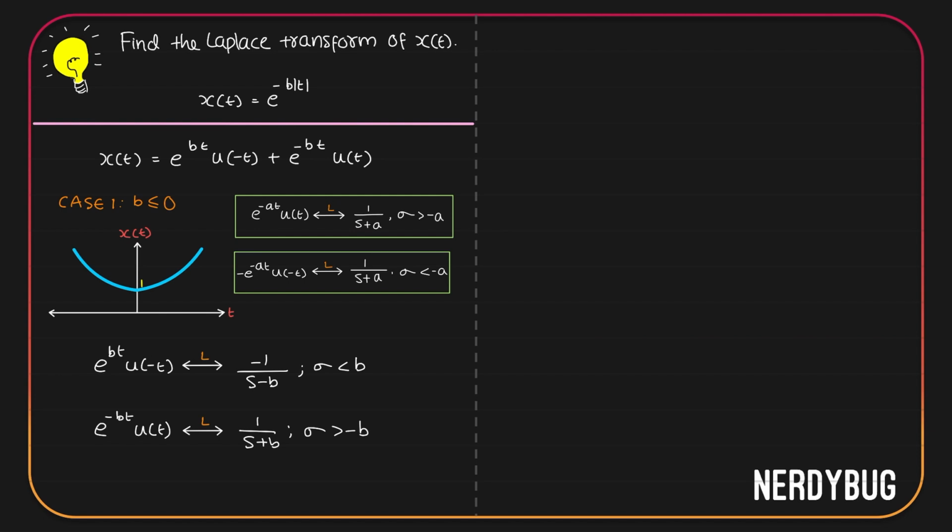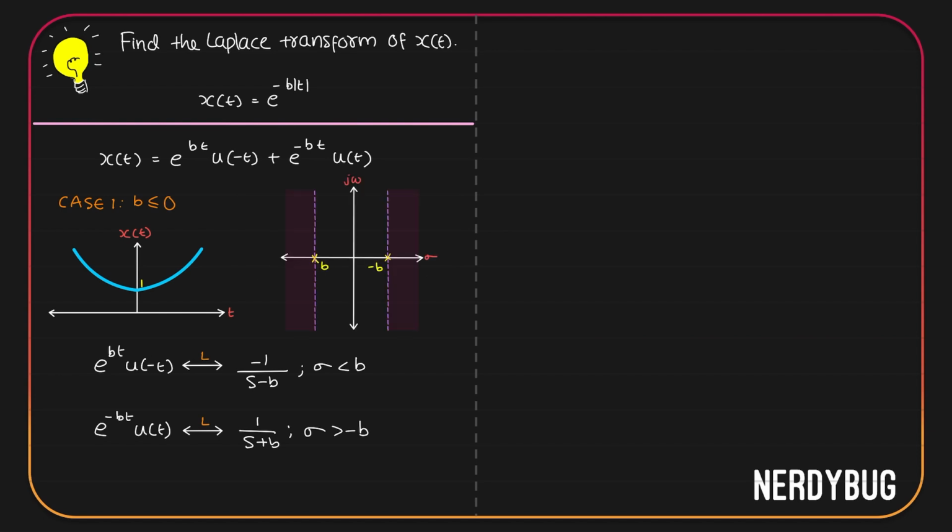Let us try to plot this on an S-plane. X(s) has two poles, one is at b and one is at minus b. I've taken b over here because our case is b less than or equal to 0. b is a negative value. So b is over here. Minus of b will be positive. It is over here. Anyways, for the first part, sigma is less than b. So any point over here where sigma is less than b is in the ROC of the first part.